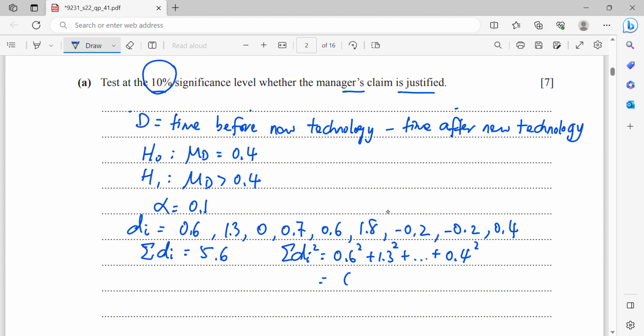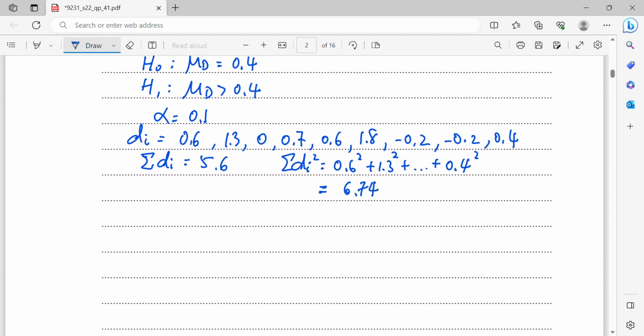Then it will be 6.74. Now your D bar will be summation di over the n. We have 10 data here, so n equals to 10. Then my d bar will be 5.6 over 10, which is 0.56.